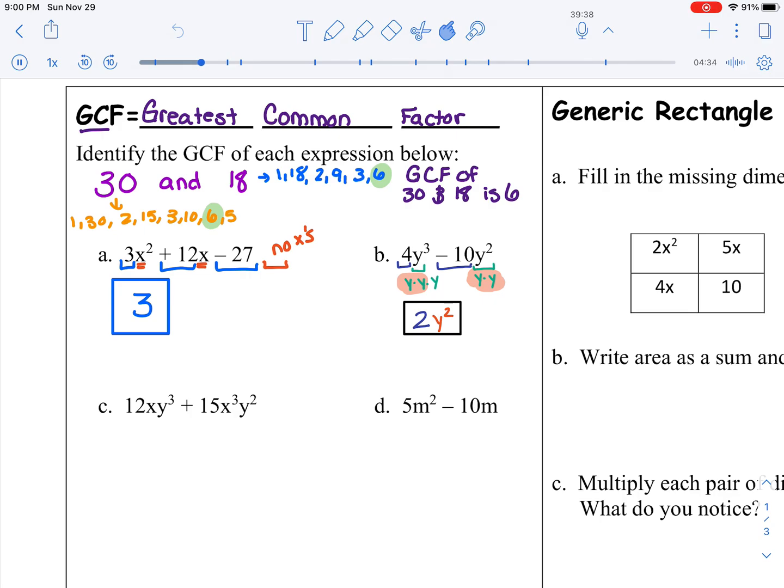Next, I have something that's yet more complicated. 12xy cubed plus 15x cubed y squared. And again, step by step, I start with my constants. 12 and positive 15. Their greatest common factor, the number they are both divisible by, is 3.